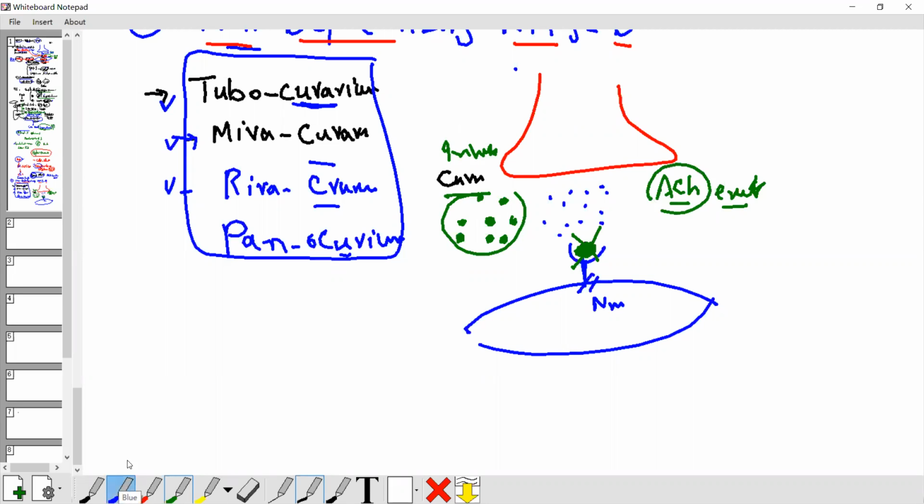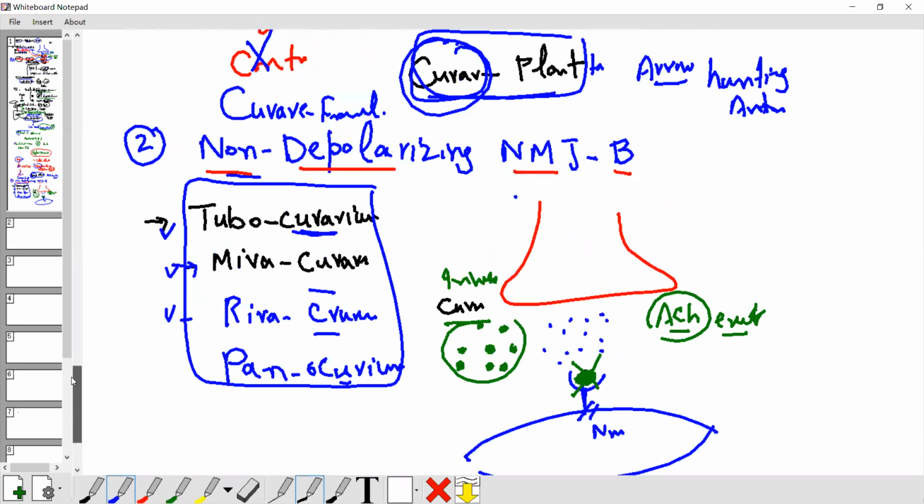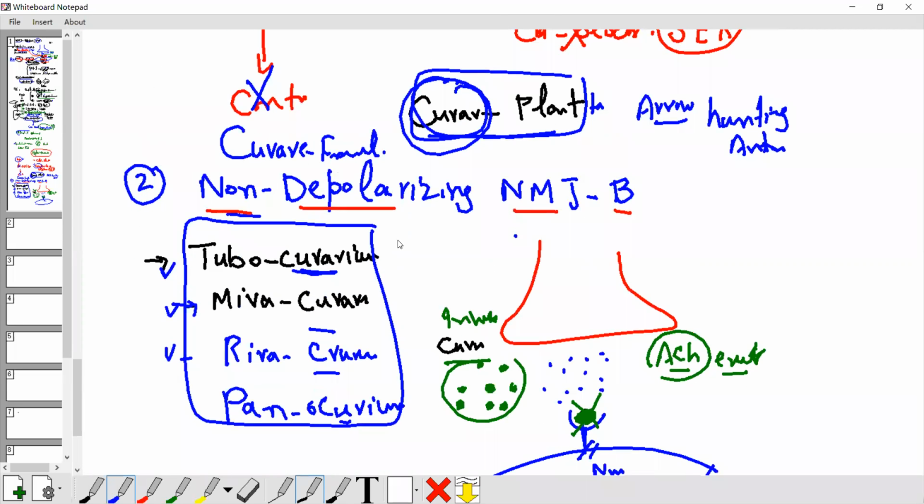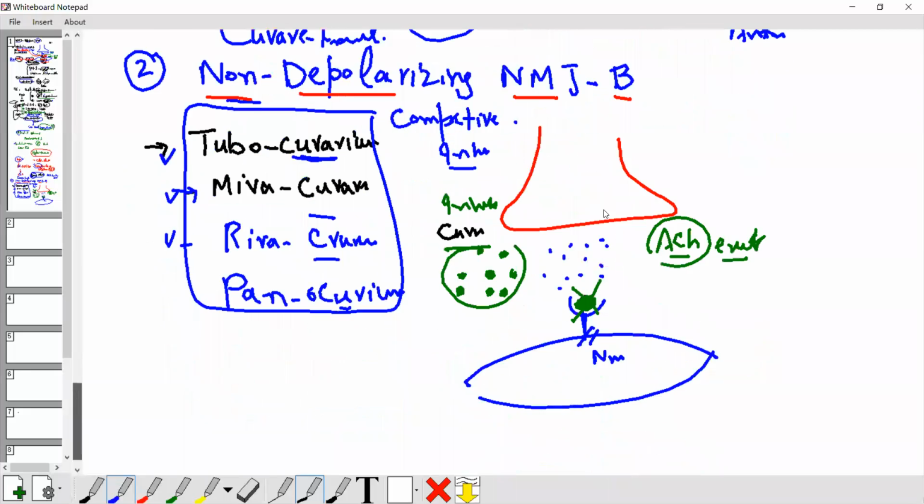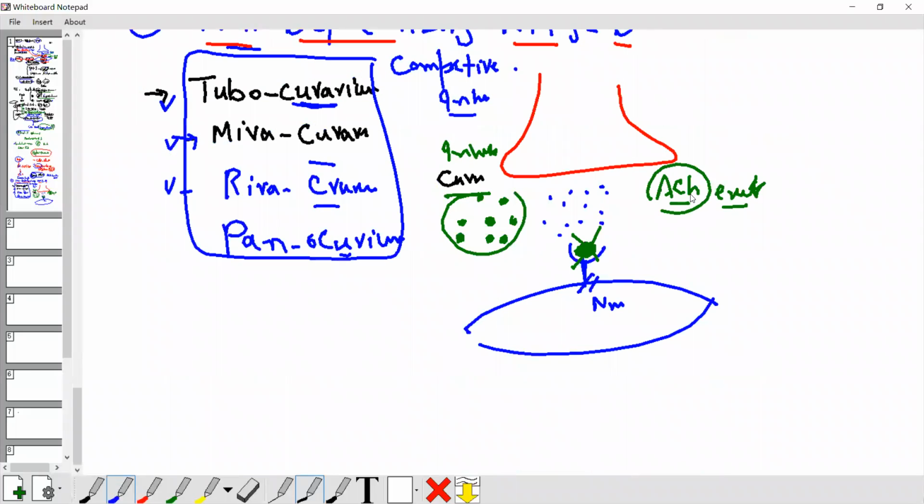So the Curare family is known as a competitive inhibitor. They compete. In biochemistry, there are competitive enzyme inhibitors and non-competitive inhibitors. So they compete with acetylcholine, and they block the receptor.